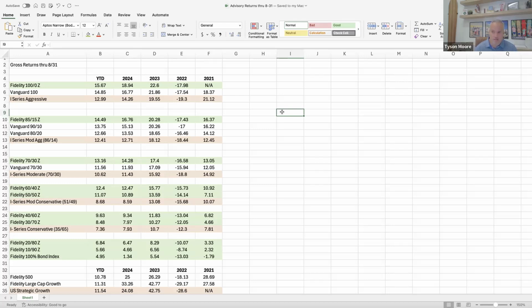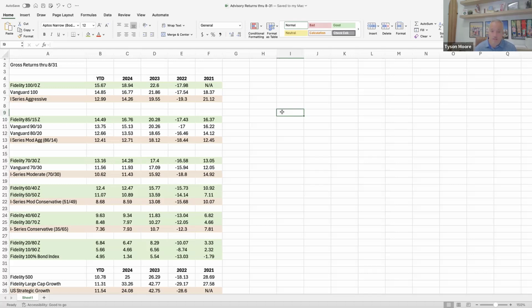Some of that is that I-Series has always been a little value tilted, not a ton, but a little more on the value side of things, which has been an underperforming factor. And then the last piece is going to be Fidelity's active management. So those three things also explain the difference between Fidelity Z and the Vanguard 100 portfolios.